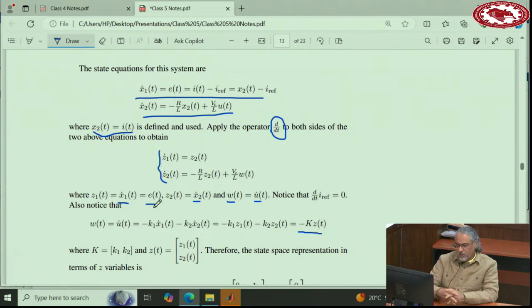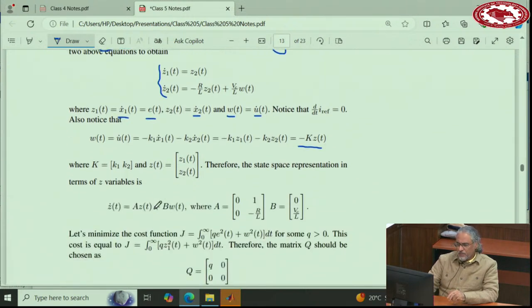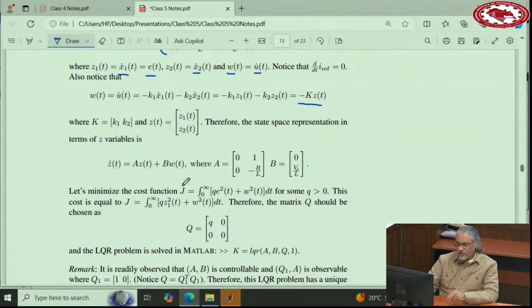Okay. So now we can minimize this cost function, which is the square of the tracking error multiplied into Q plus W square. So you choose capital Q equal to Q and 0, because we did not give any weight to the current. Our objective now is to minimize the tracking error.